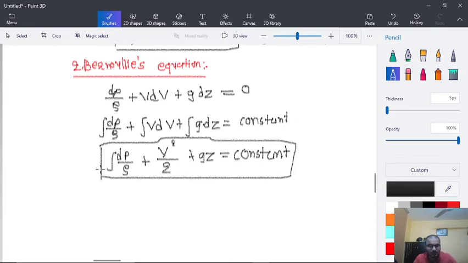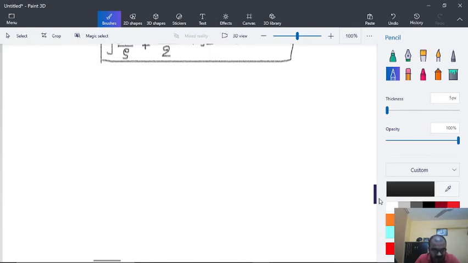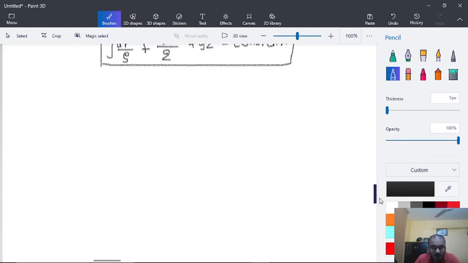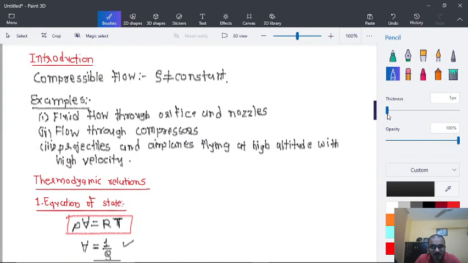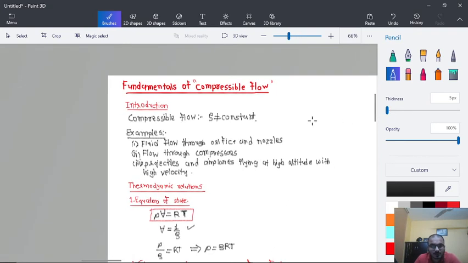Now we will derive this equation for two different processes. First is the isothermal process and second is the adiabatic process. So first let me copy this part into our main slides.